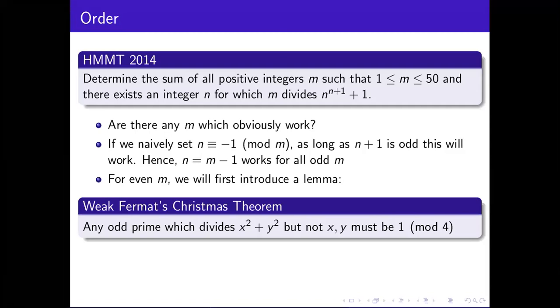But here we're only going to do the weak version. We're calling it weak because the other direction is much harder. So does anybody have any ideas on how to prove this?